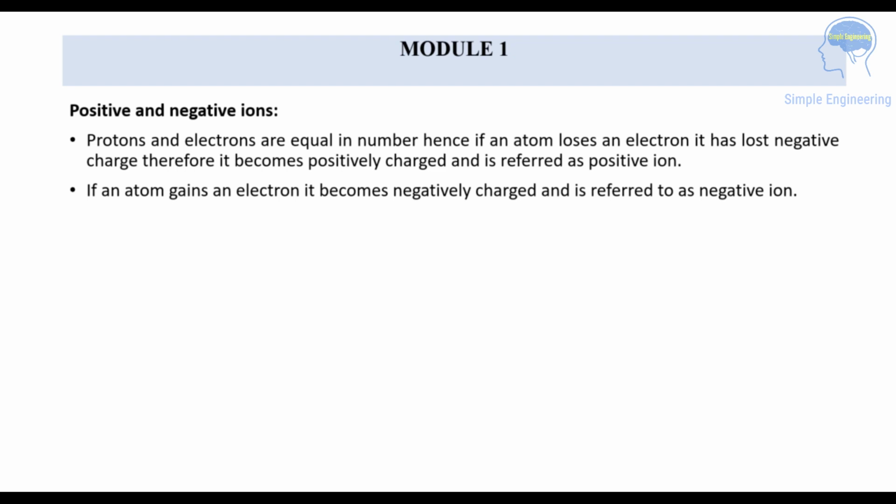So that atom will gain an electron, become negatively charged, and is referred to as a negative ion. So there will be positive ions if they lose an electron, and negative ions if they gain an electron. This is the general discussion about the atom, its atomic number, electrons, protons and neutrons.